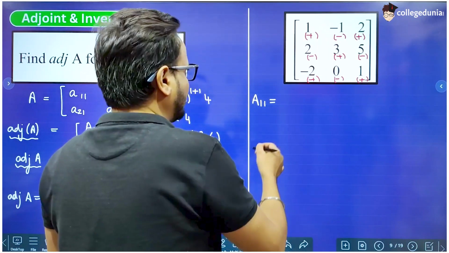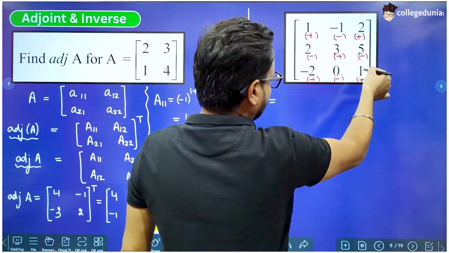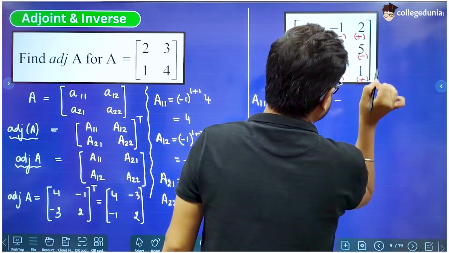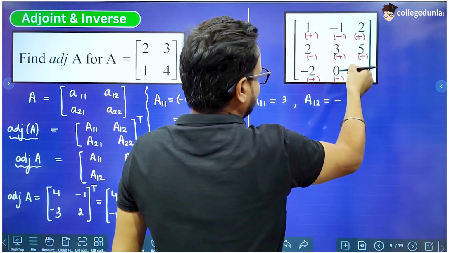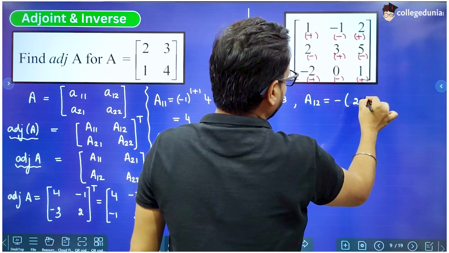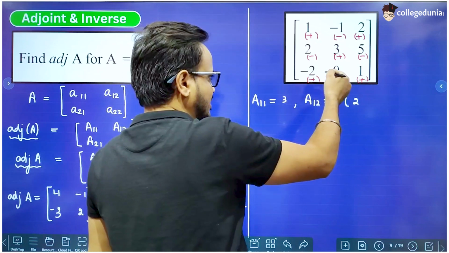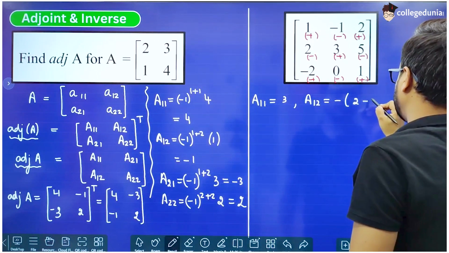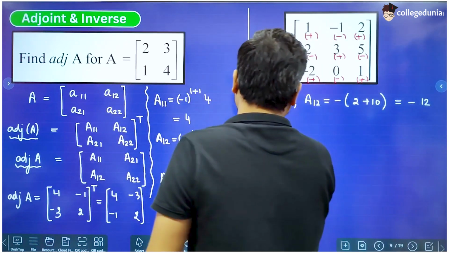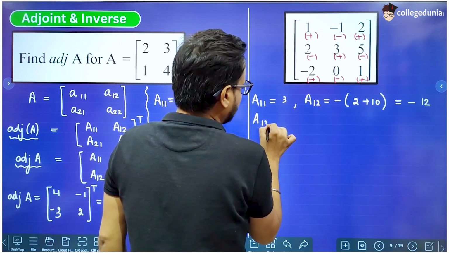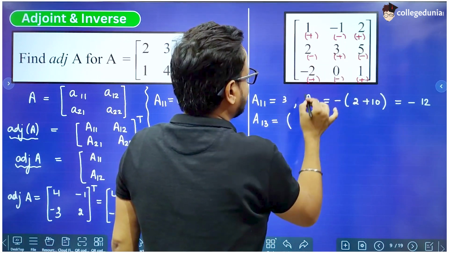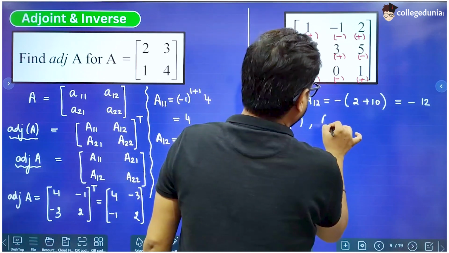So we write it positive, leave this one and this one, 3 into 1 minus 0, so it is 3. And A12, first write negative, leave this row and this column, 2 minus already, minus 10, that is plus 10, so it is minus 12. A13, sorry, positive, leave this and this, 0 minus, plus 6.